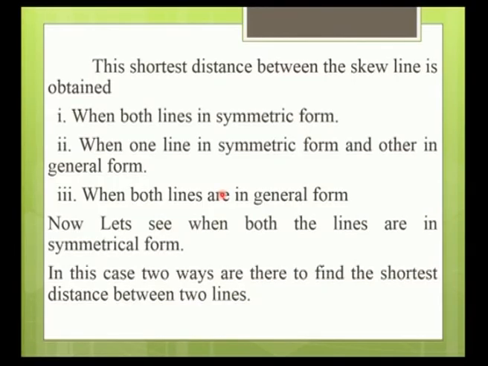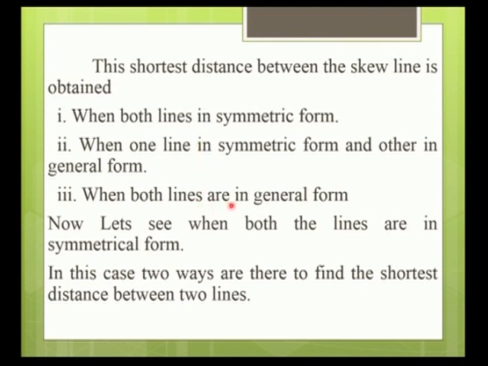Similarly, here also three different cases can be discussed. The shortest distance between skew lines is obtained when both the lines are in symmetric form, when one line is in symmetrical form and the other one is in general form, and when both the lines are in general form. Here we are going to take only the first case. The first case is when both the lines are in symmetrical form.